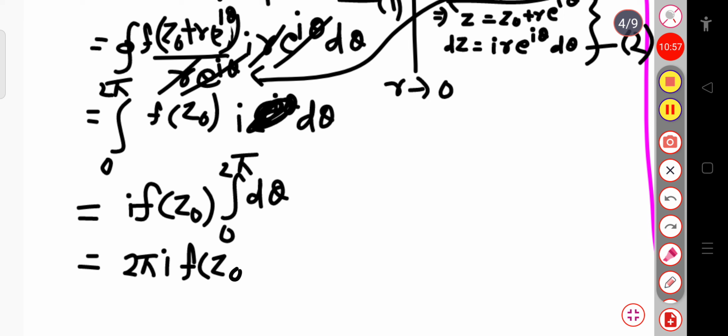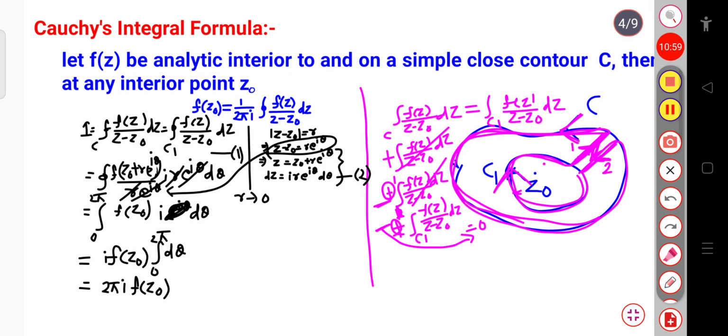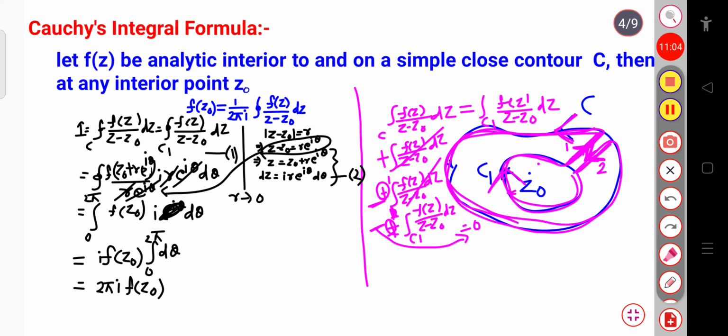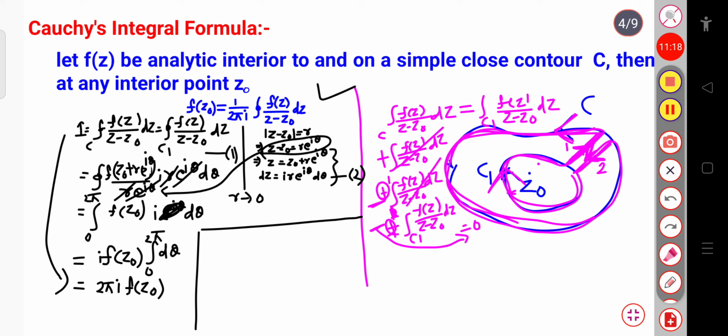So here you can see that the value of I is equal to 2 pi I f of z naught, and we can write this expression as, this I means the integral of f of z divided by z minus z naught into dz. If you compare, I am writing this expression again.